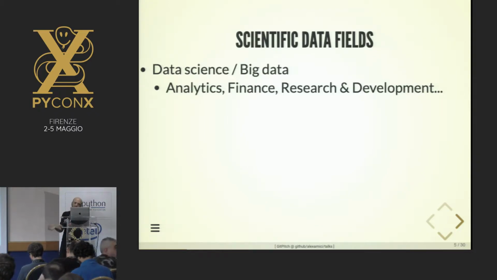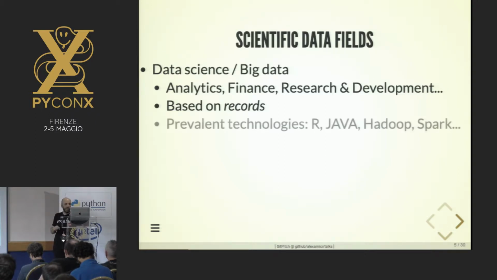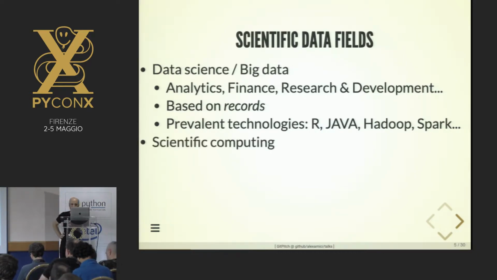It's mostly finance, research and development, analytics, usually business intelligence and so on. They're based on records, so you have items with very different data types. And prevalent technologies are R, Java. You can use Hadoop, Spark, depending on the level of complexity that you want to treat, how big and distributed is your data and processing.